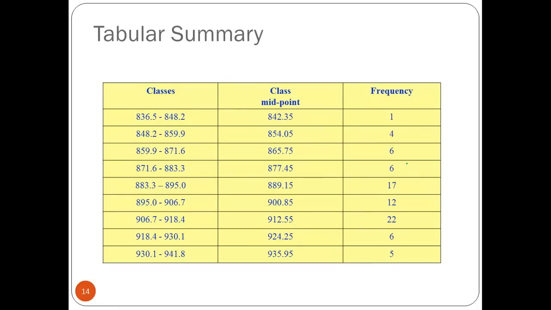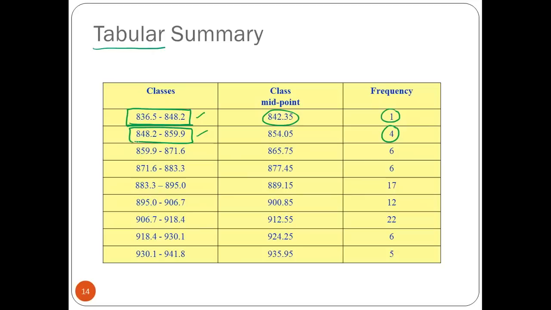We have a tabular summary, and basically all the data has been grouped into different classes. So the class midpoint is the midpoint of this group, and there is one data point in that group. There are 4 data points in the next group, and so on.